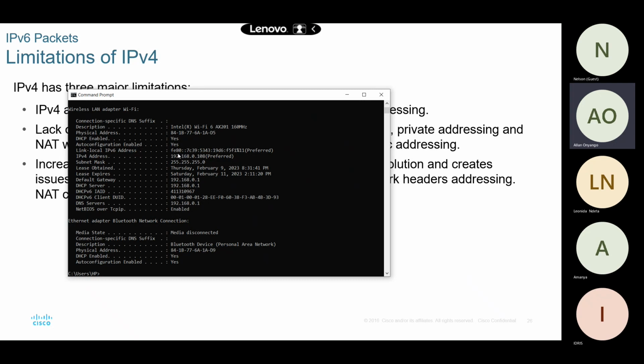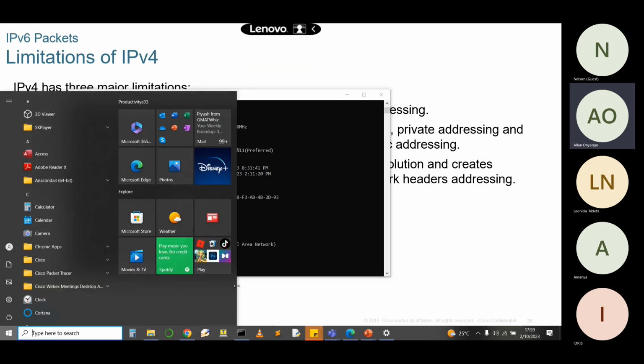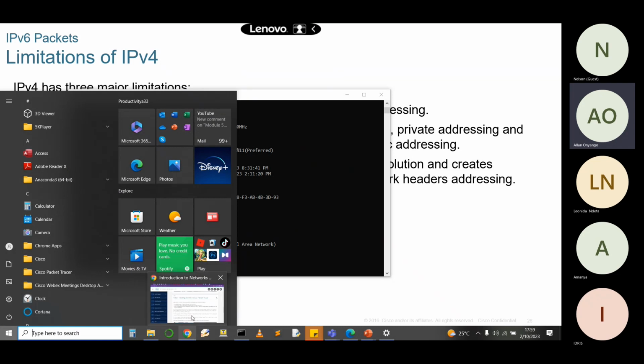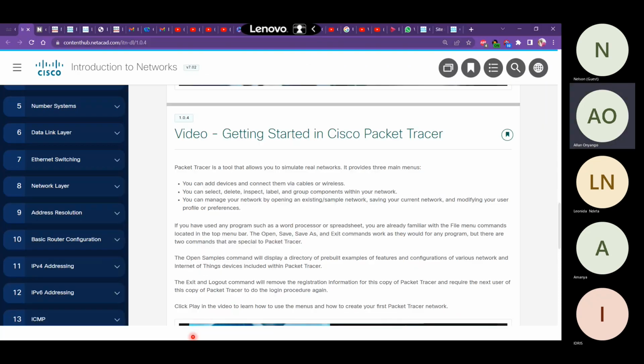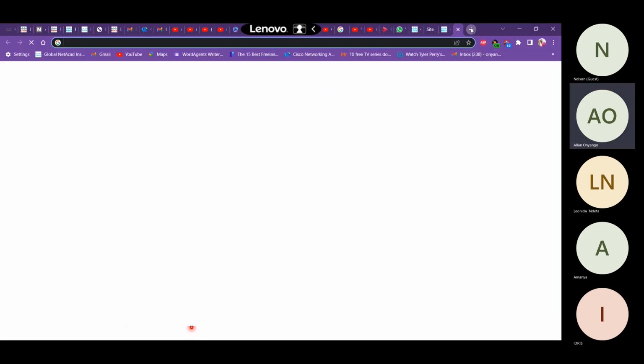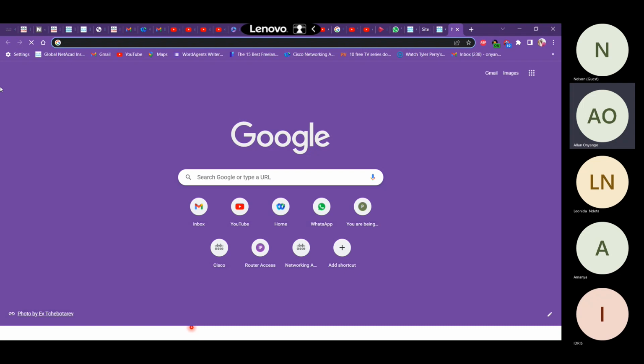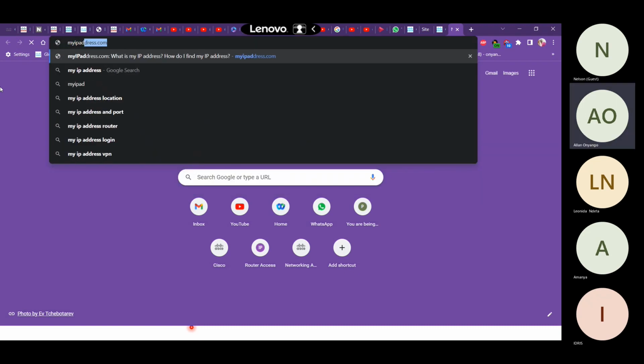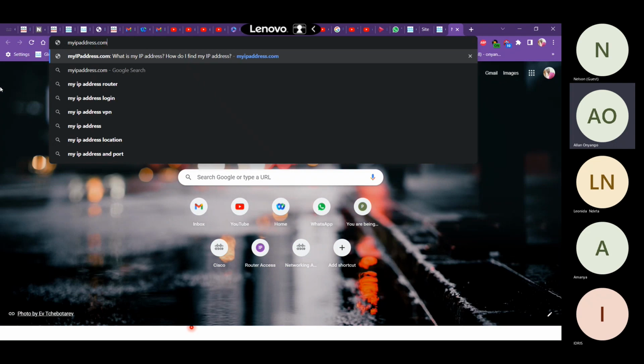But you can ask me, how come I'm using my computer now to connect to the internet, and yet I'm having a private IP address? It's because of this. Right now, on my browser, I just need to type myipaddress.com.